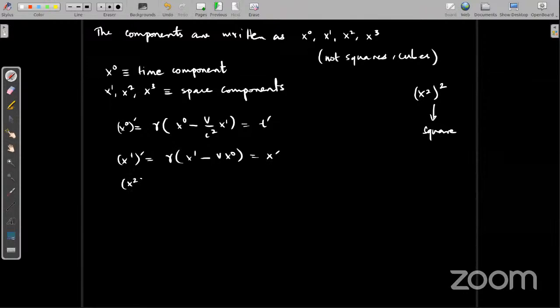And then x2 prime is going to be x2, and x3 prime is going to be x3.